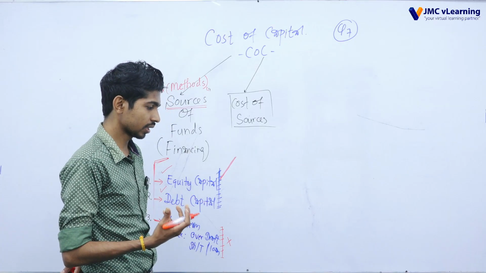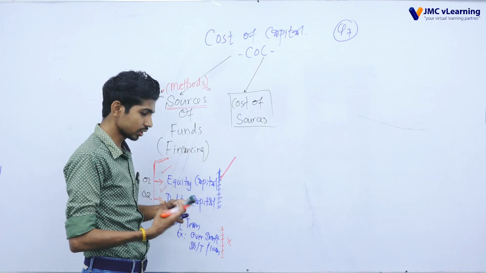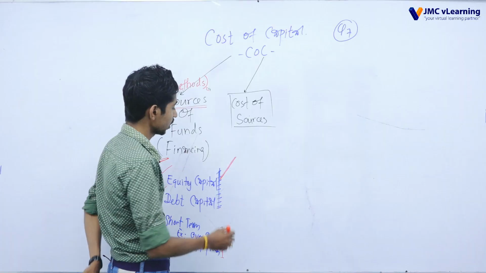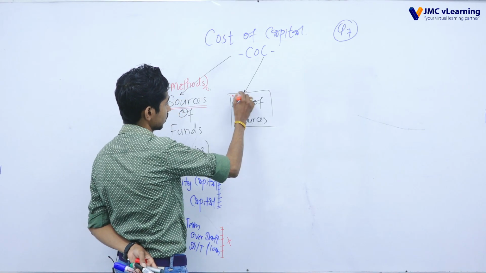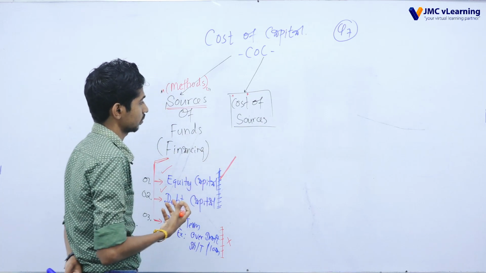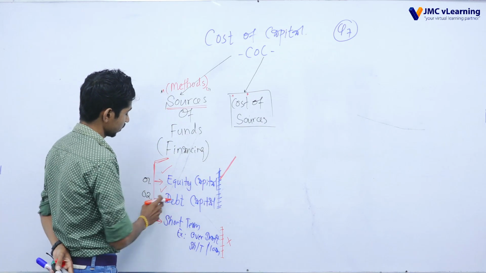Those standards mainly cover how to account for this equity. Based on that, we have to identify the cost, that is the expenses, in relation to those methods.